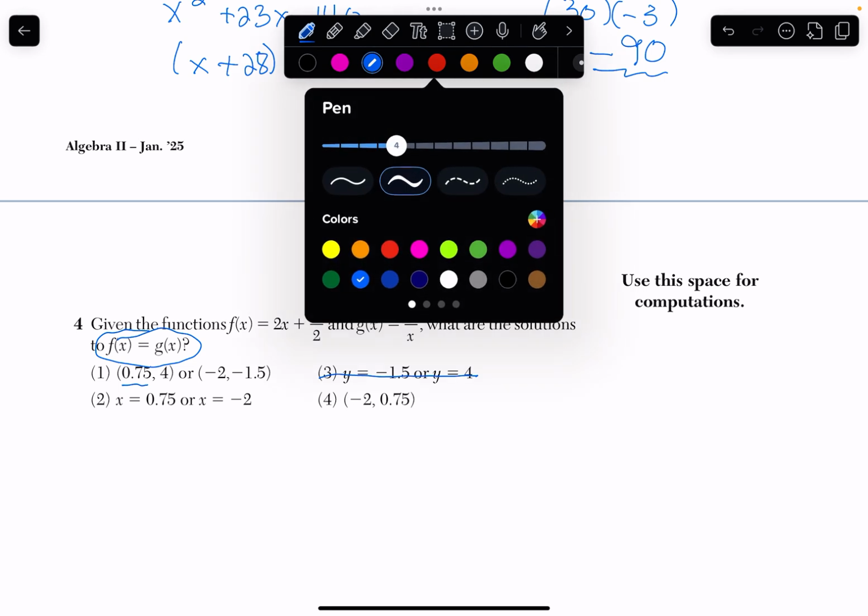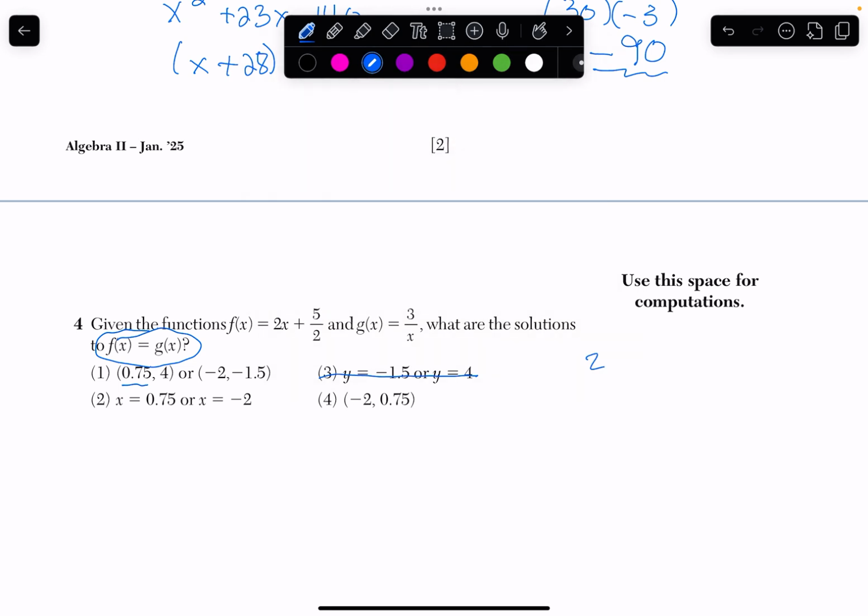But if you wanted to do it by algebra, you would do 2x plus 5 over 2, which is equal to 3 over x. So to do fractional equations, you have to multiply every term by the least common denominator. In this case, it's 2x.